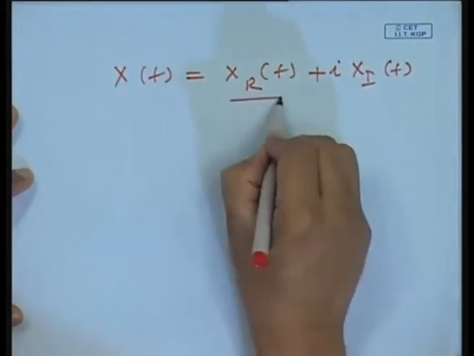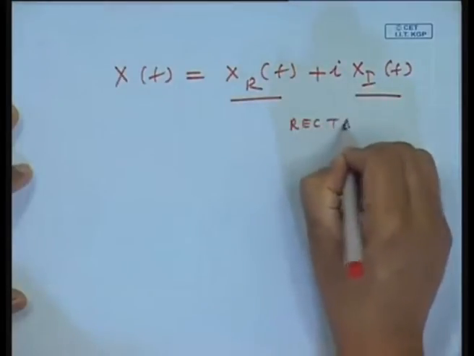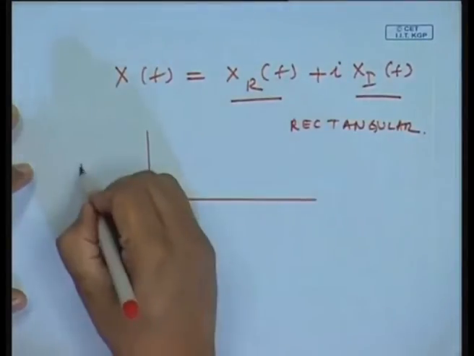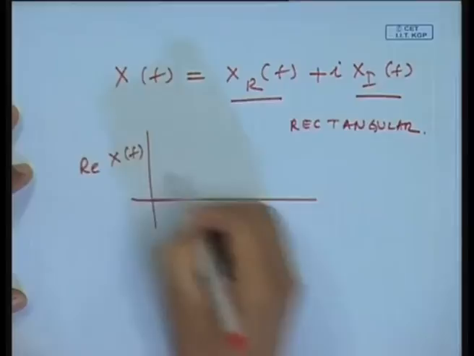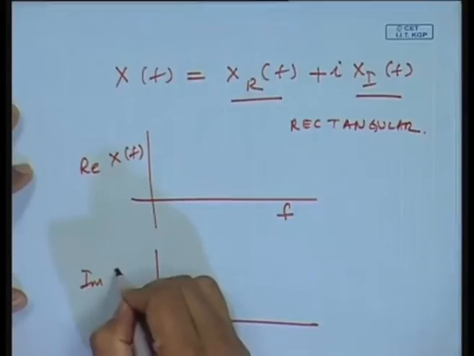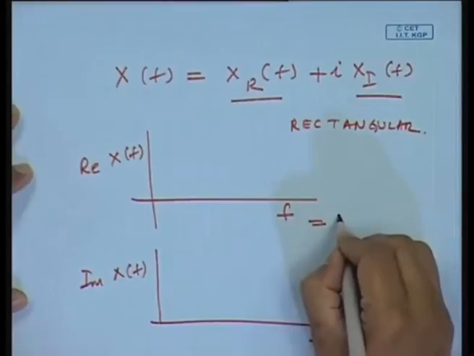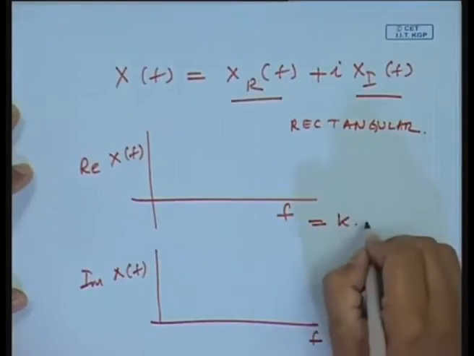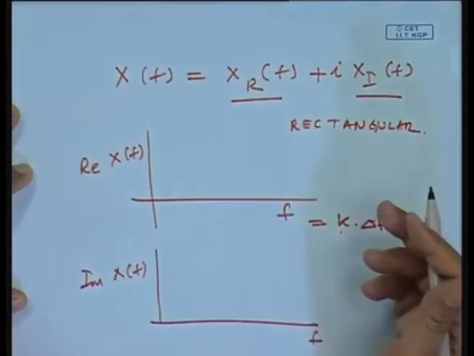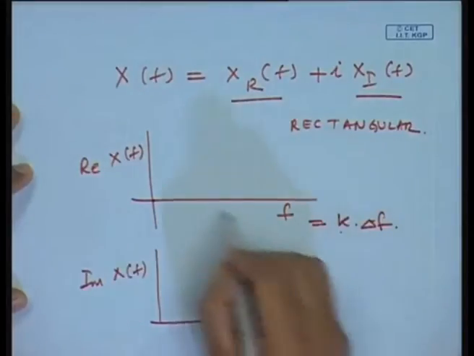This is a complex quantity, so I will have the real part of X(f) and then the imaginary part, and you know how this f is related to k times delta f, where k varies from 0 to N by 2.